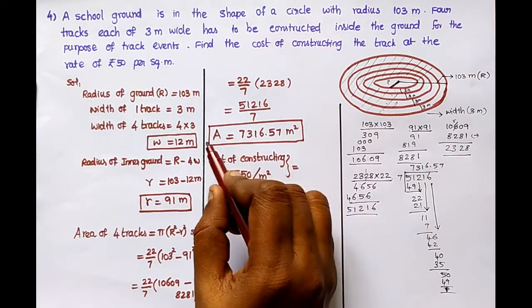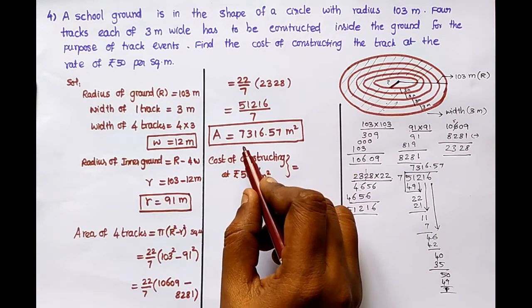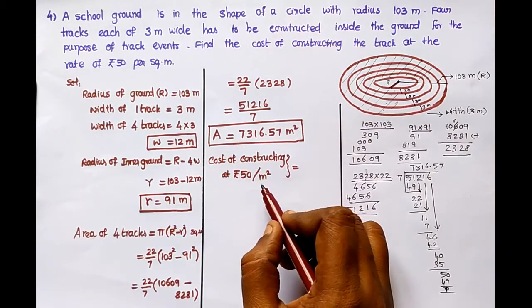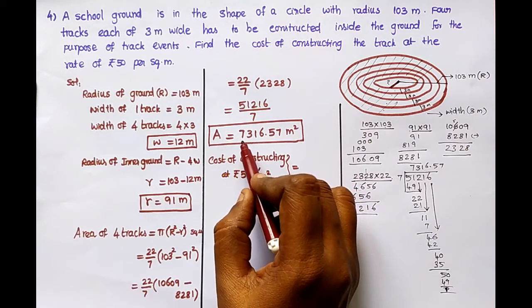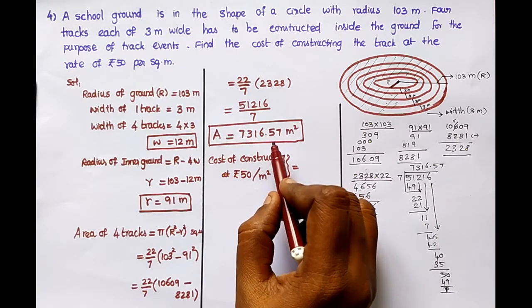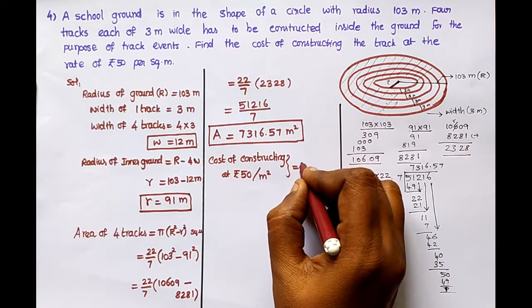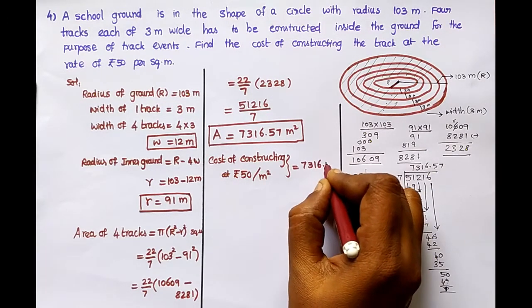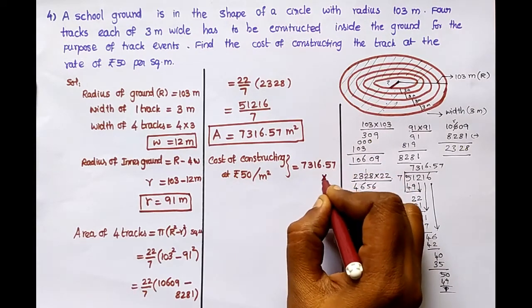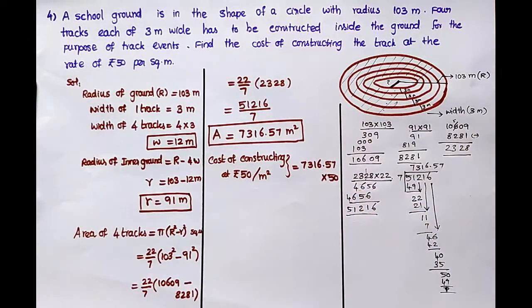So 1 meter square costs 50 rupees. Here we have 7316.57 meter square. So 7316.57 into 50. Now multiply this one.